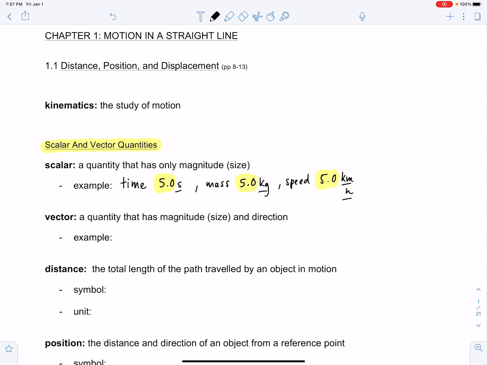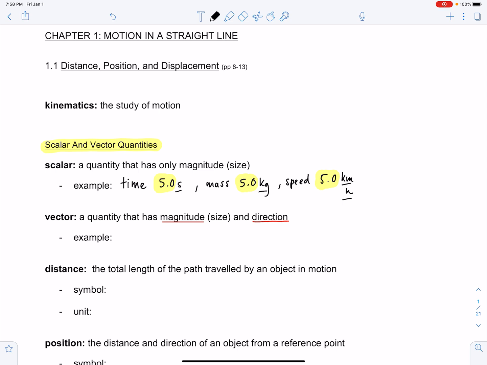A vector quantity, on the other hand, is a quantity that has a magnitude and a direction. So there are two components to a vector quantity. We have the magnitude and the direction. These quantities may be part of your vocabulary, but you might not have any experience studying or doing calculations with them, as we introduce them to you for the first time in Grade 11 University Preparation Physics.